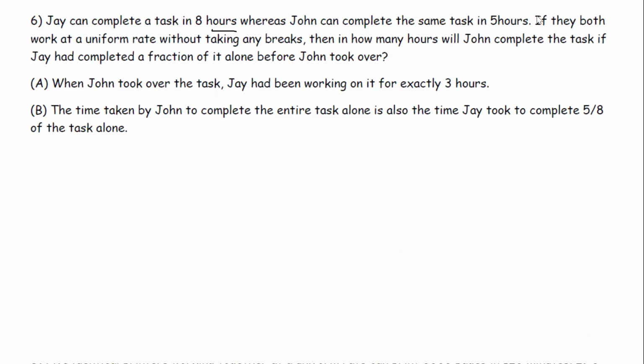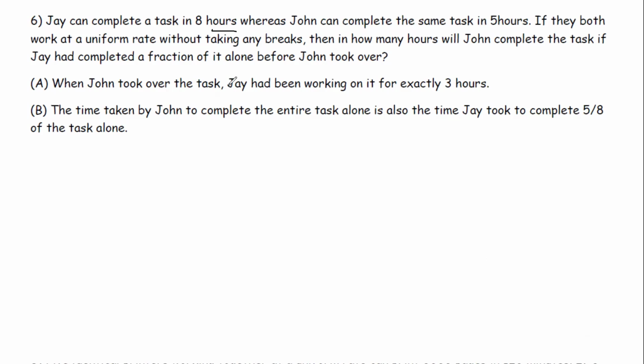If they both work at a uniform rate without taking any breaks, then in how many hours will John complete the task if J had completed a fraction of it alone before John took over?